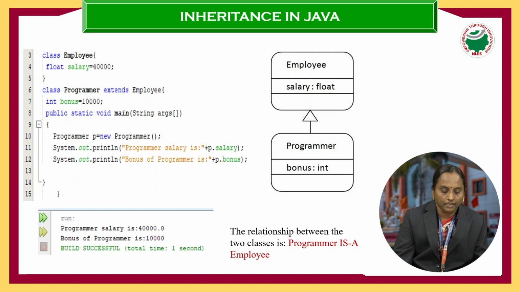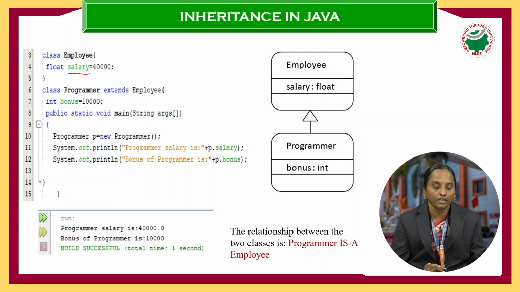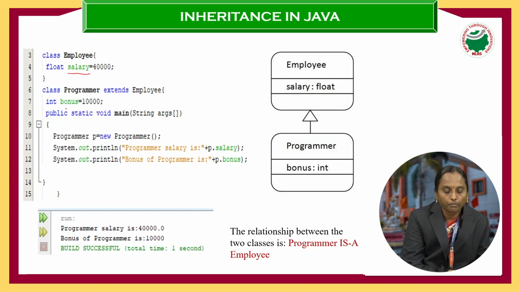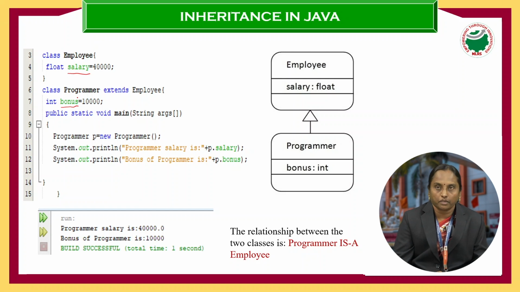In this Employee class, we create one variable, salary, of float data type, and assign some value to it. Next is class Programmer extends Employee. So here Programmer is the subclass and Employee is the superclass. In the Programmer class, we have one variable, bonus, and we assign some value to the bonus variable.